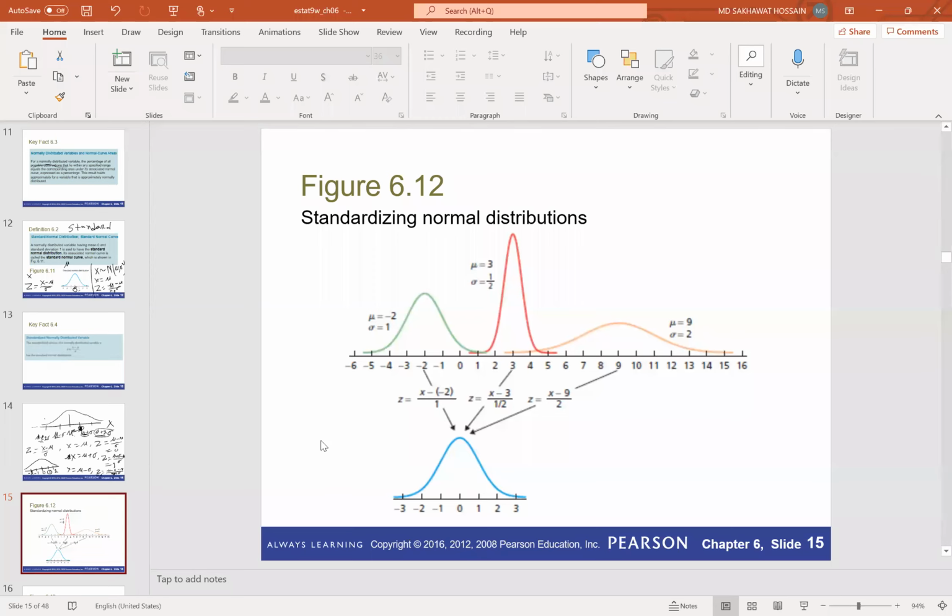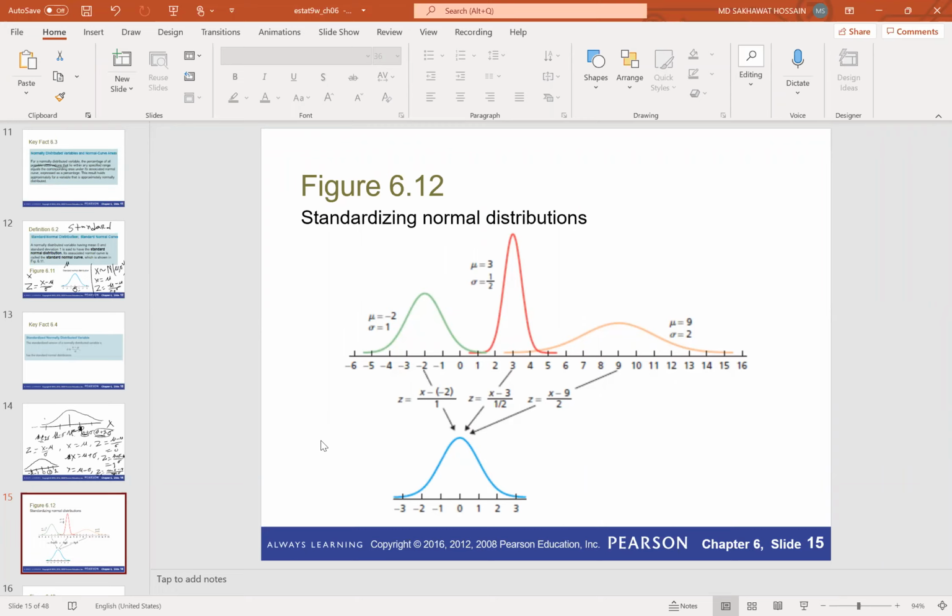Okay, so now carefully look at this picture. In the first one, the top one, how many density curves do we have? We have 3 density curves, right? The green one, red one, and orange one.